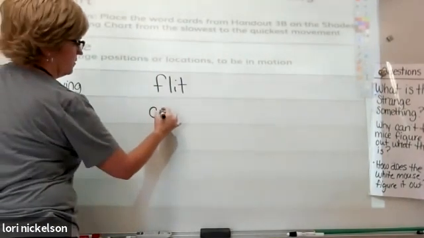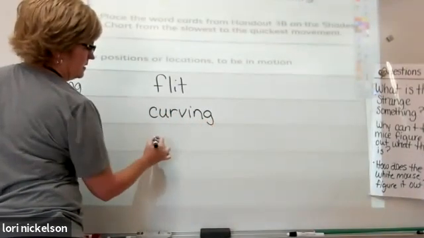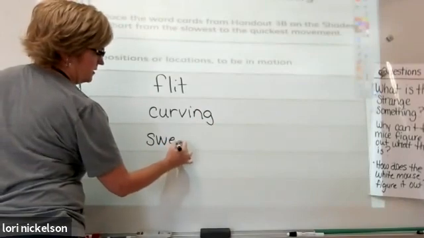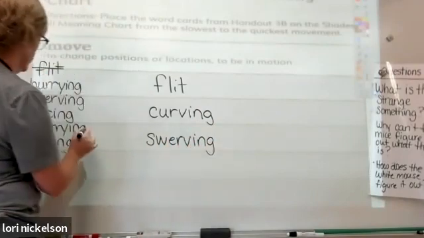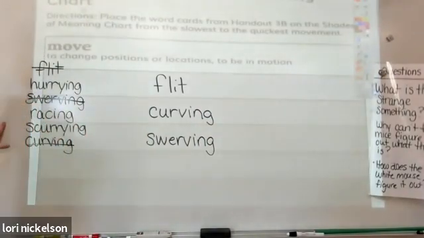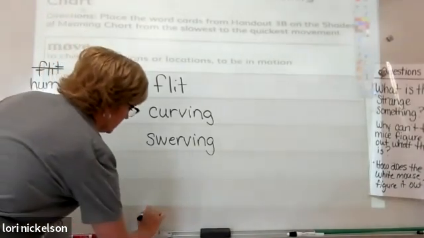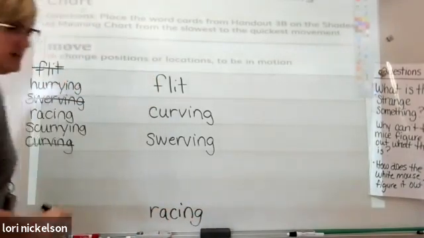So I'm going to write curving on one line and swerving on another line. I'm going to take those off, curving and swerving. So what's my next motion? Scurrying or racing? Well, we know racing is the quickest, so it's going to be our bottom word. So I'm going to go ahead and put racing down here at the bottom because that's the fastest.